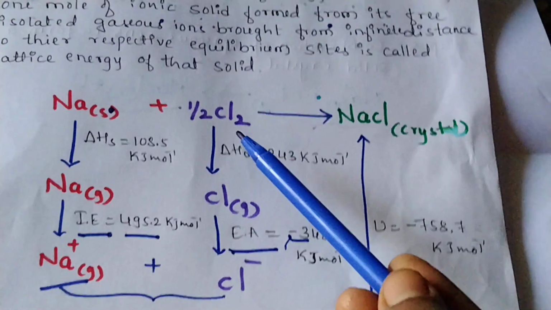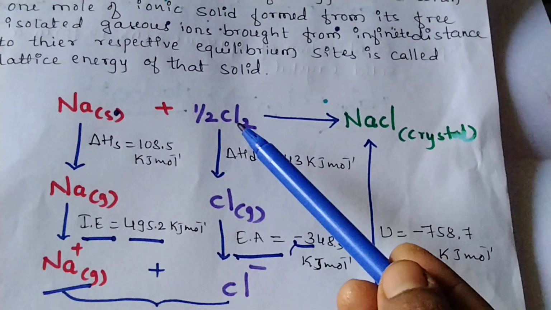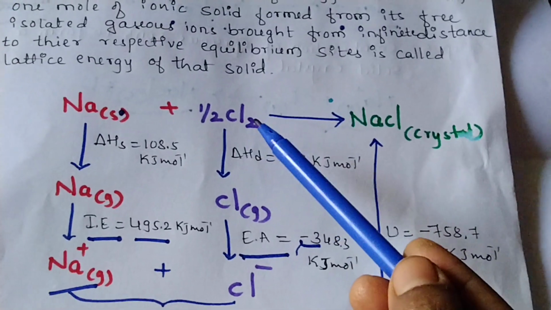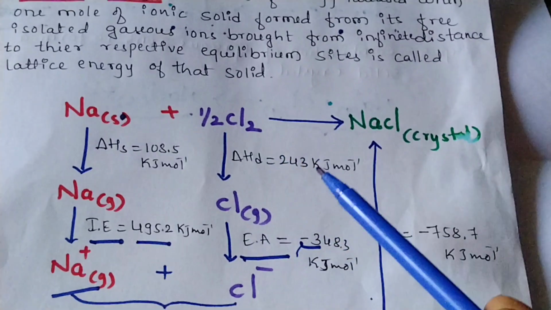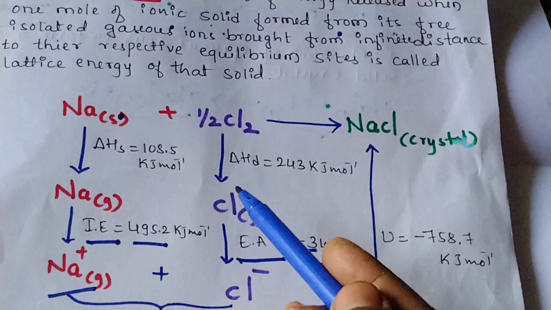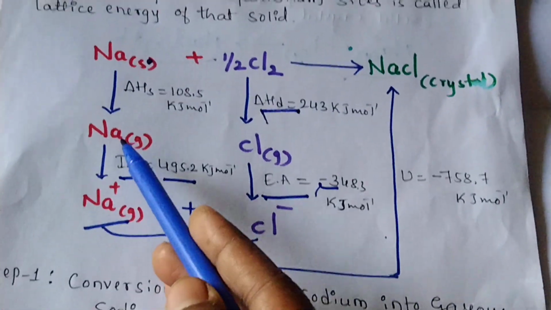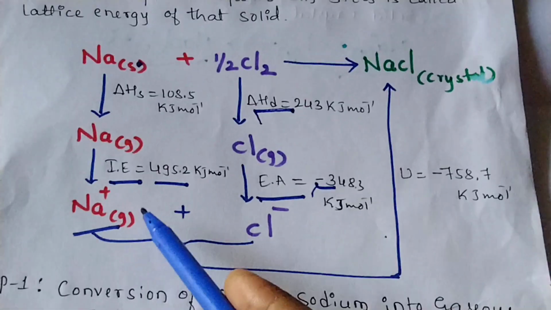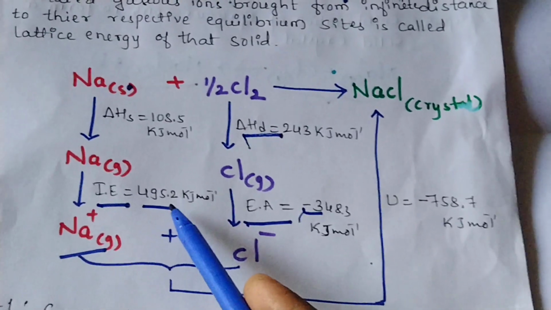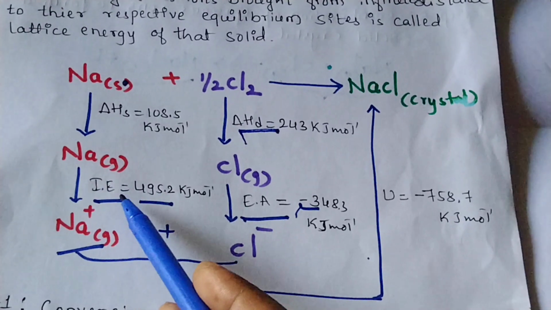In the second step, the conversion of a gaseous chlorine molecule into gaseous chlorine atoms requires energy called the dissociation energy. In the third step, the conversion of a sodium gaseous atom into a sodium ion requires energy called the ionization energy.